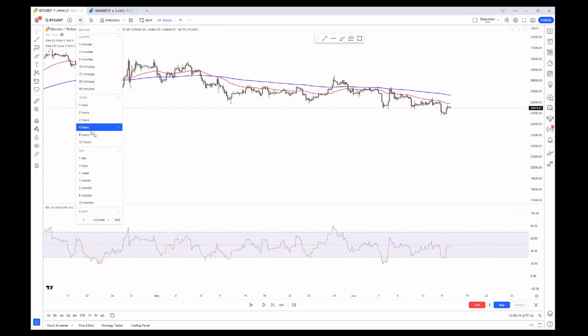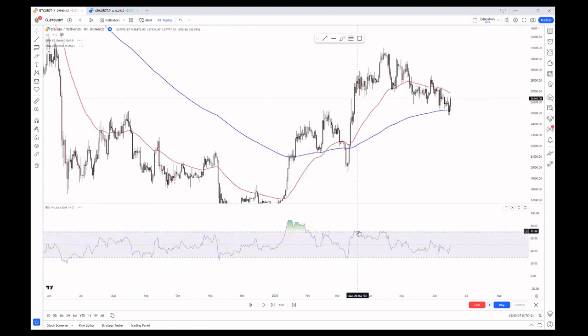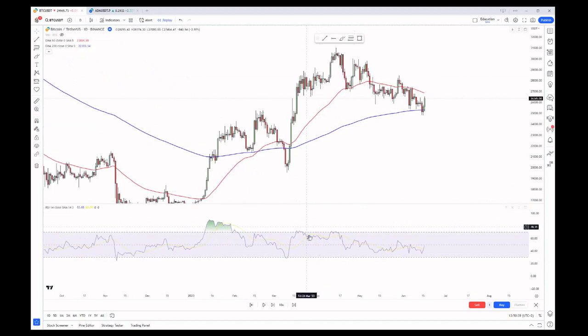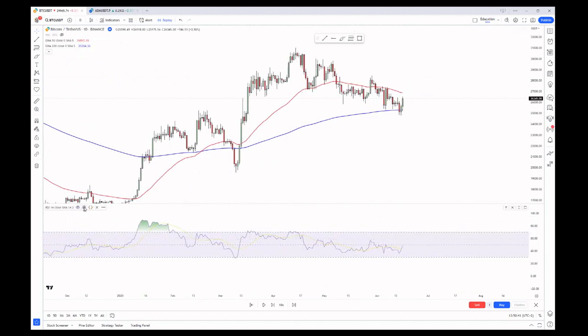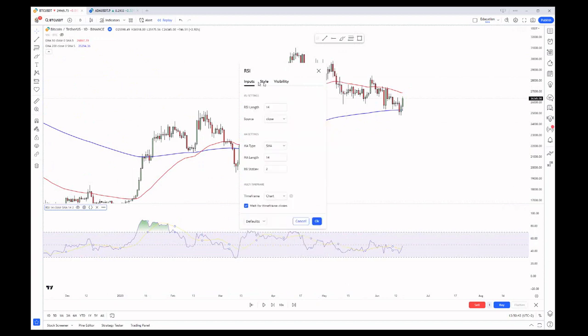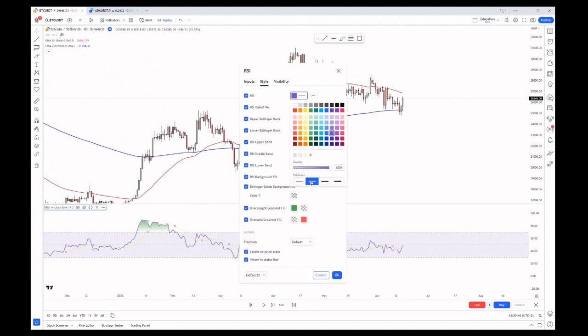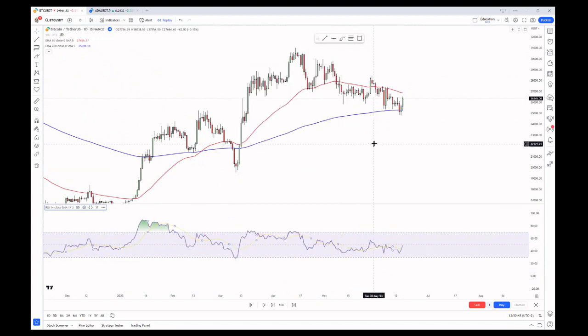So if we look on the daily, gives us a little bit better. Make it a little bit bigger. So, all right. If you look at the RSI, you'll see a band here between 30 and 70. And if you just look at that, it says if it's moving between 30 and 70, it's moving sideways.